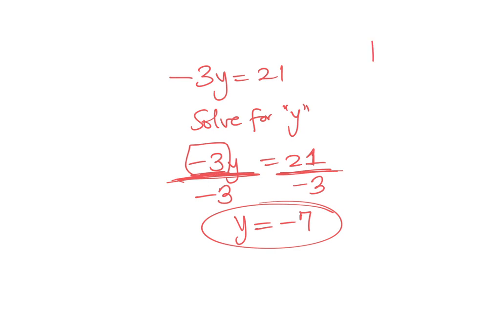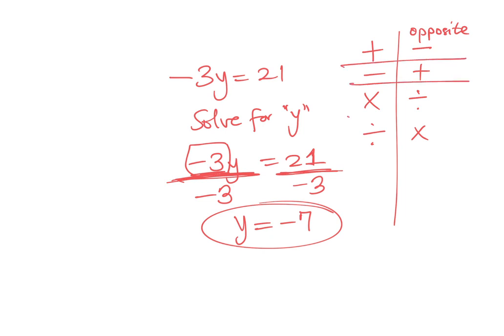So the opposite of addition is subtraction. The opposite of subtraction is addition. The opposite of multiplication is division, and the opposite of division is multiplication, in this equation that we're working with. So when you have a positive number and you want to get rid of it, you add the negative of that number. If you have a negative number and you want to get rid of it, you use the positive.